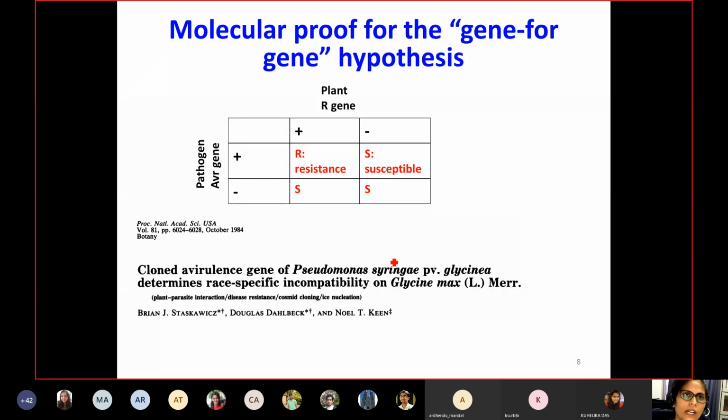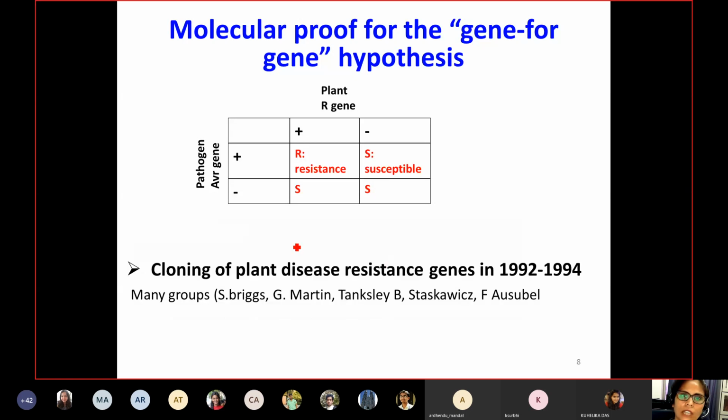And slowly after that, many people started cloning R genes from the plant. So basically they were trying to see whether the gene for gene hypothesis was true, and eventually they were able to find these two kinds of proteins. They were able to clone the AVR gene, and they were also able to clone the R gene.